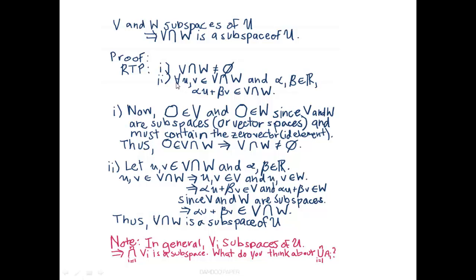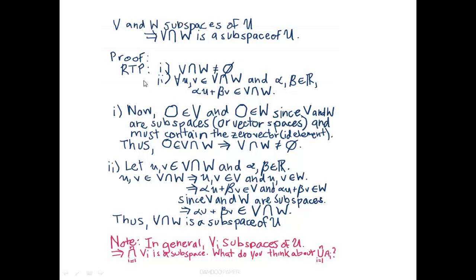Number two, we want to show that if I pick any two elements u and v in V intersection W and any two scalars alpha, beta in R, then alpha u plus beta v would be an element in V intersection W. It's very important that you remember the two steps involved in satisfying the subspace criterion. Okay, so let's start validating these steps.